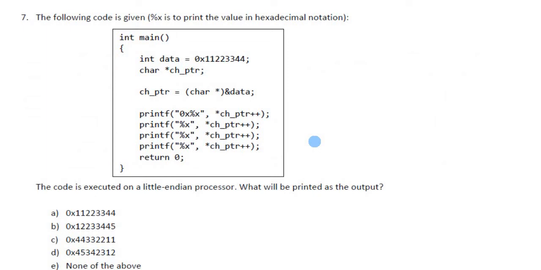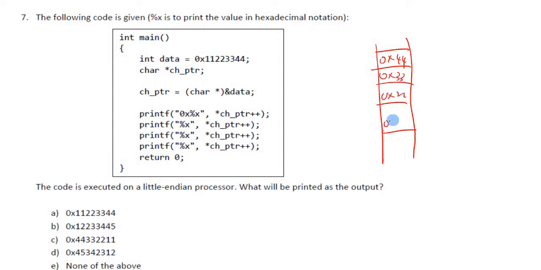The next question is something similar. Again, this multi-byte data is going to be stored in this format here. So I have 44, 33, 22 and 11, and the character pointer here is going to point to the lowest address. Again, I'm just giving some random addresses.